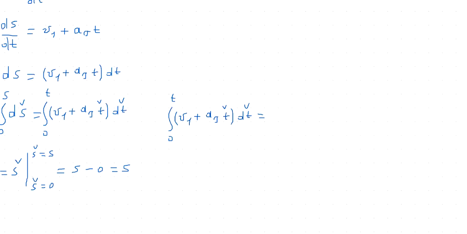So we have v1 times the integral from 0 to t of dt, and plus a tau times the integral from 0 to t of t dt.